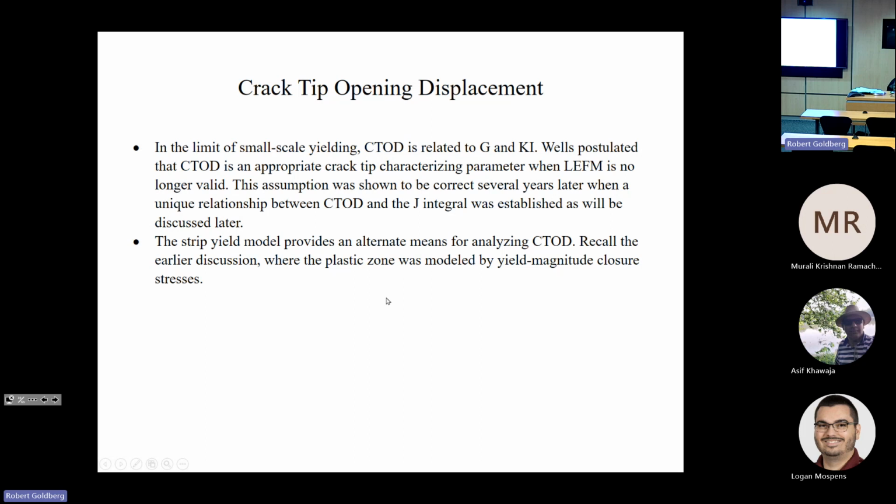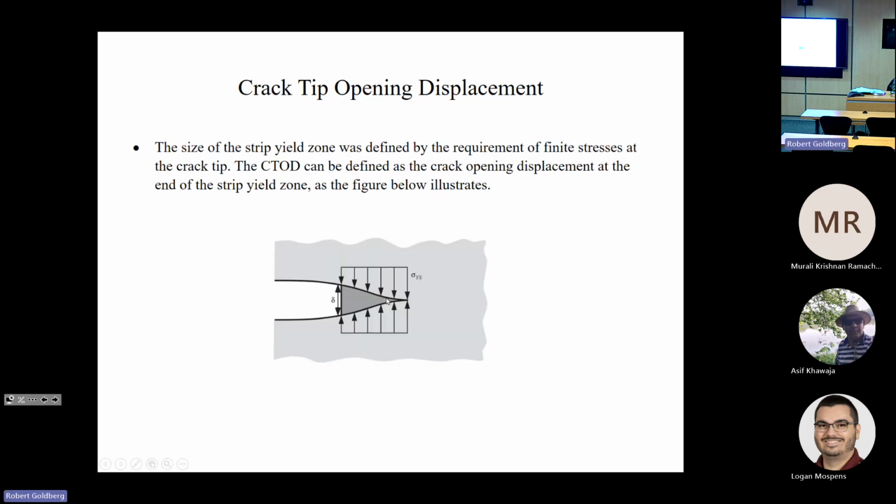Now, the strip yield model provides an alternative means of analyzing the crack tip opening displacement. Remember a couple of weeks ago when we talked about accounting for plastic zone corrections, there were two basic ideas. There was the Irwin plastic zone correction, and then also there was the strip yield model, which basically said we applied these artificial stresses to close up cracks to account for the effects of plasticity.